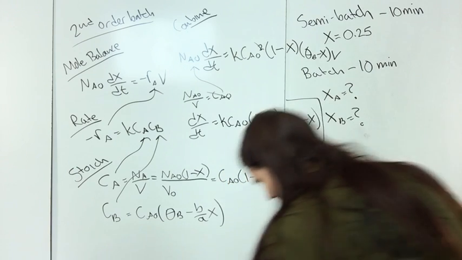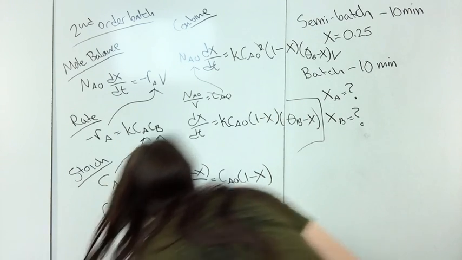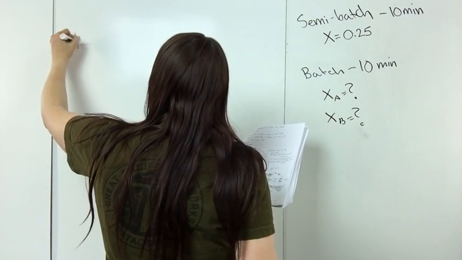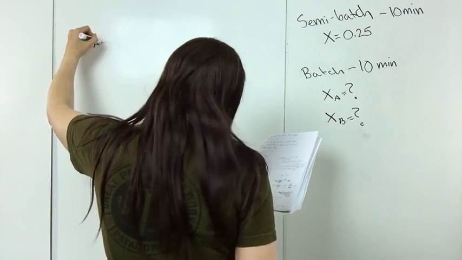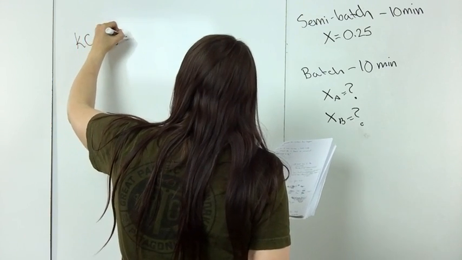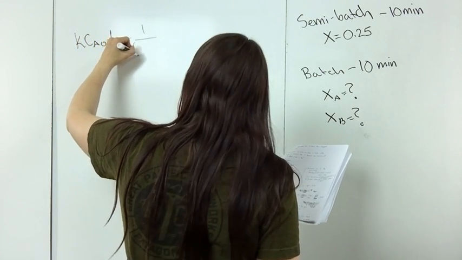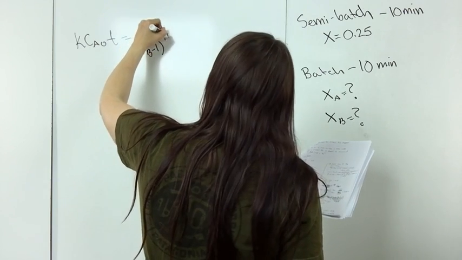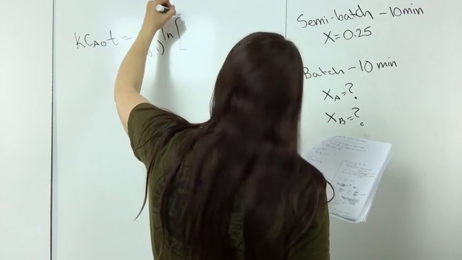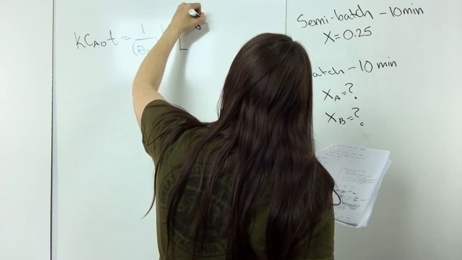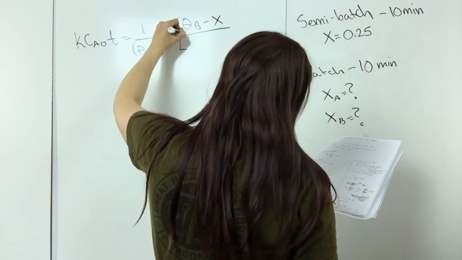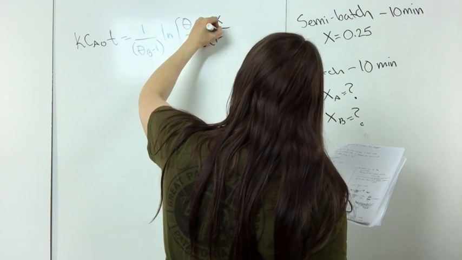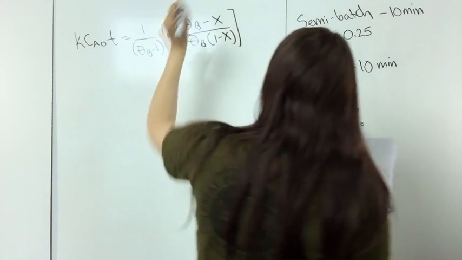I'm going to erase some stuff because this is getting kind of messy. So if I integrate that equation, I get k C_A0 t is equal to 1 over (theta_B minus 1) multiplied by the natural log of (theta_B minus X) over theta_B (1 minus X).